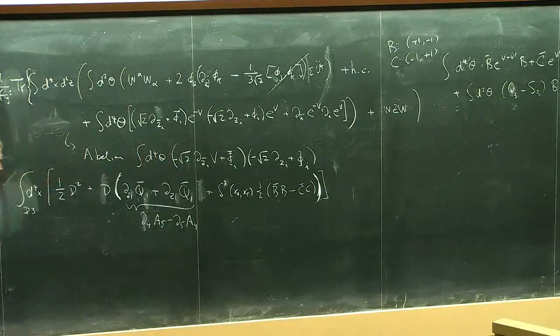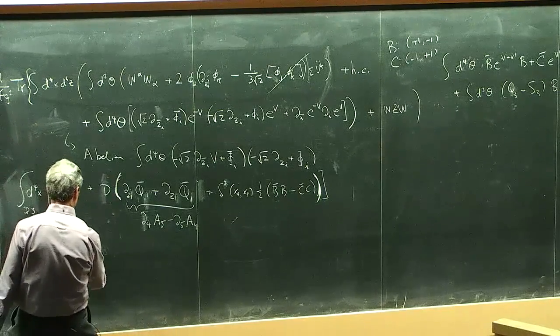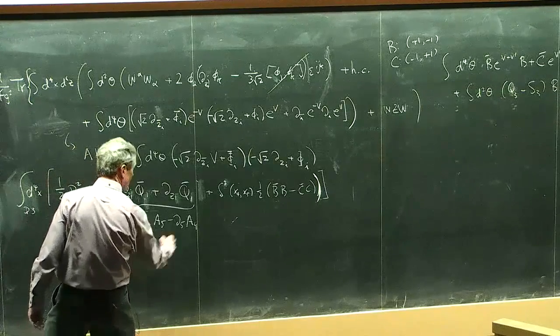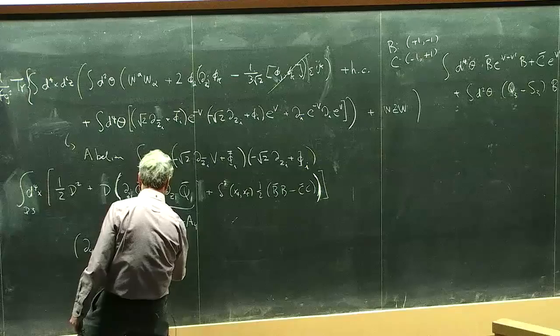It's just the field strength built from that gauge field. And so the action when you integrate out D contains partial 4 A5 minus partial 5 A4 plus this last thing, delta squared.